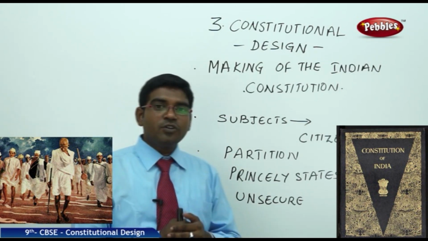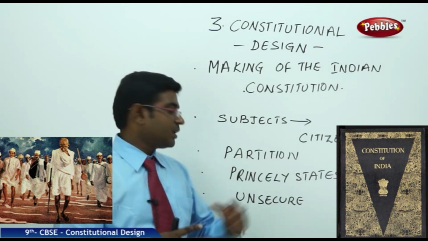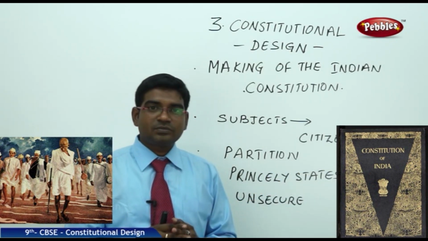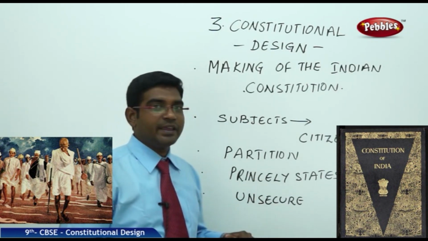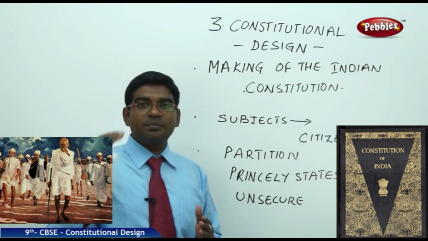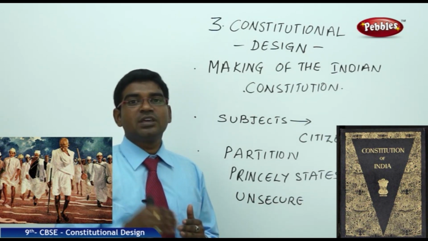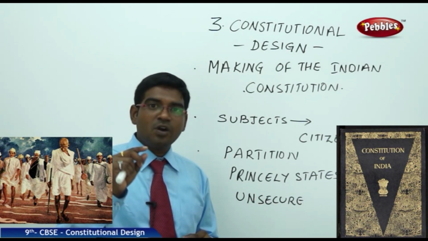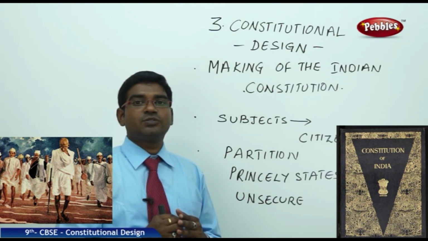Next, moving on to the other important challenging point, that is princely states. When India was under British rule, these princely states were not directly controlled by the Britishers. The Britishers recognized the princely states as independent kingdoms. They may be small in size, but they had their independent status at that time also.